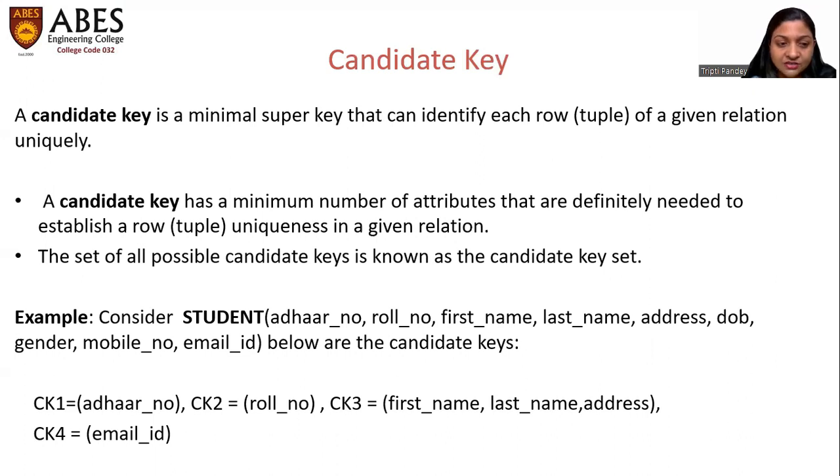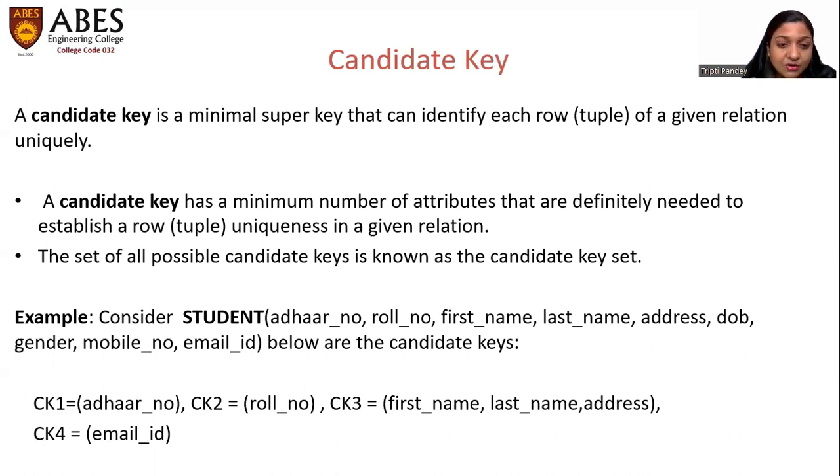Consider a relation student where there are several attributes like Aadhaar number, roll number, first name, last name, address, date of birth, gender, mobile number, and email ID. Out of these attributes, these are the candidate keys. Candidate key 1 can be Aadhaar card.